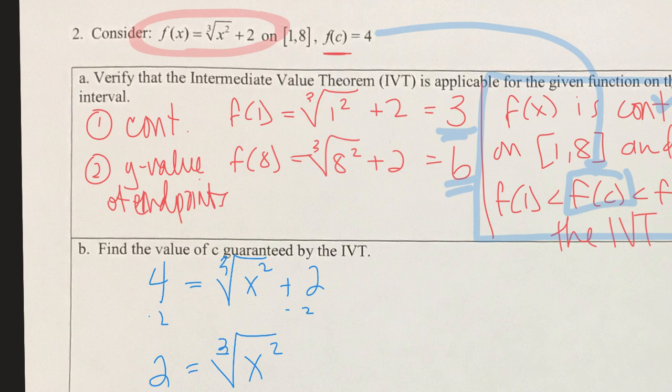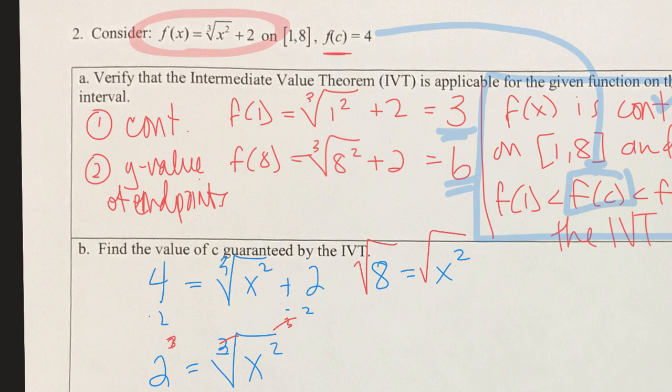Our next step is to cube both sides. That's raising it to the third power. So 8 equals x squared. And we solve this lastly by taking the square root.